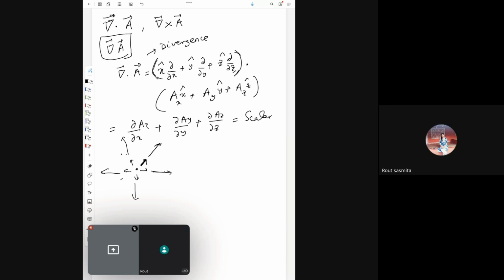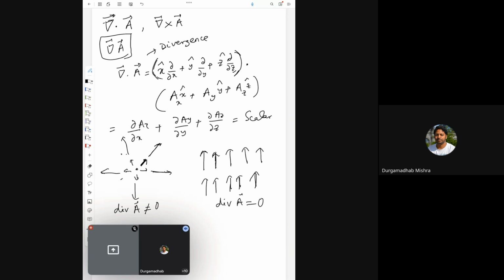Now if I take a vector something like this, they all have the same length and the same direction, so there is no divergence. In the earlier case, the divergence of the vector will be not zero. Of course, it will be a scalar, but not zero. But in this distribution, the divergence will be zero.